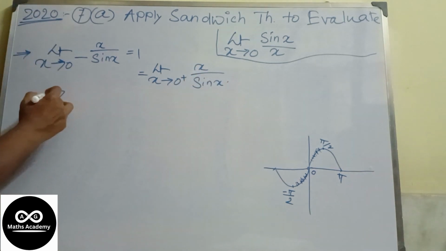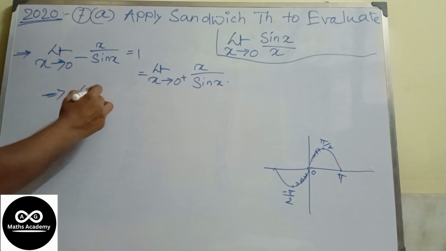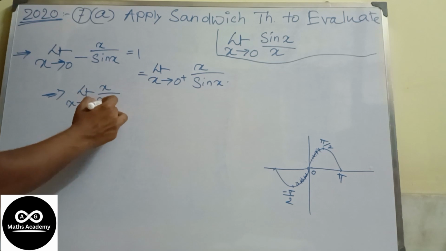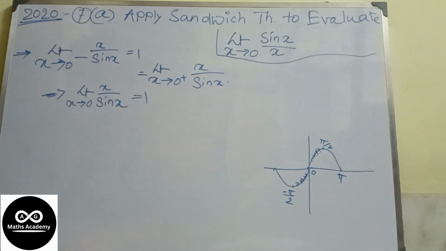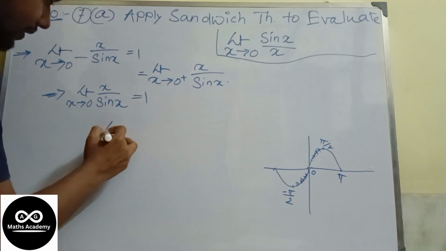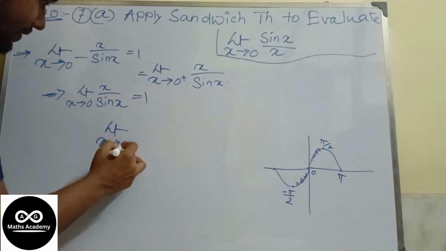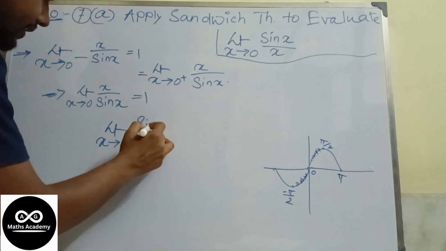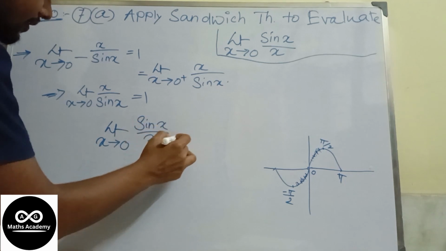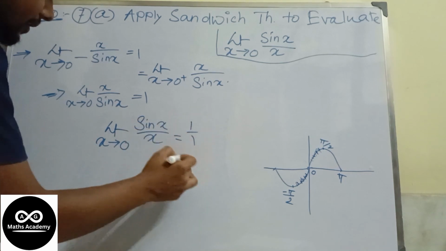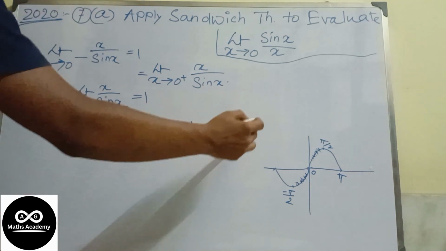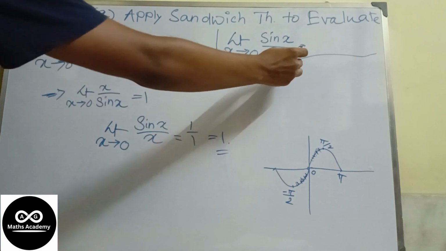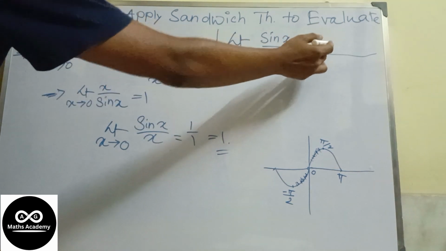So we can say that limit of x tends to 0, x by sin x, this is 1. So now limit x tends to 0, sin x by x, this will be 1 by 1, which will be 1. So the value of this is 1.